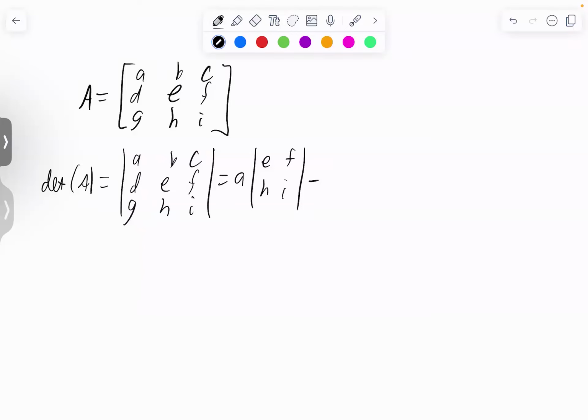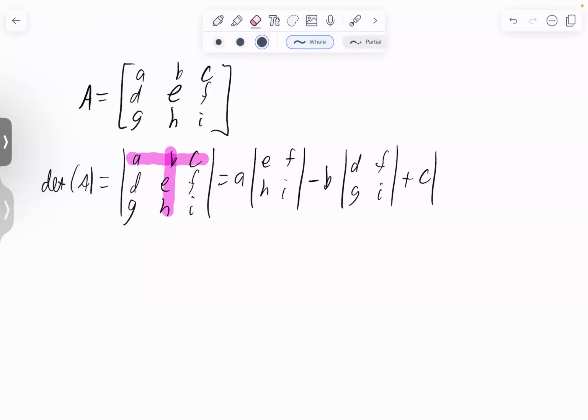Next up, I'm going to use the B now. So this is going to be B times the determinant of what's left over, D, F, G, I.